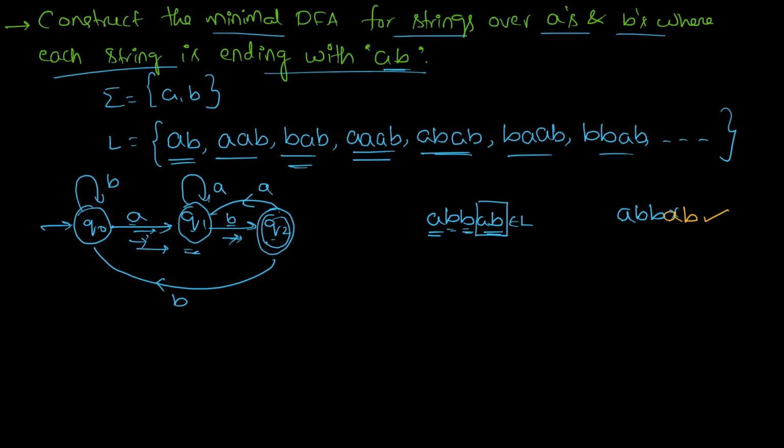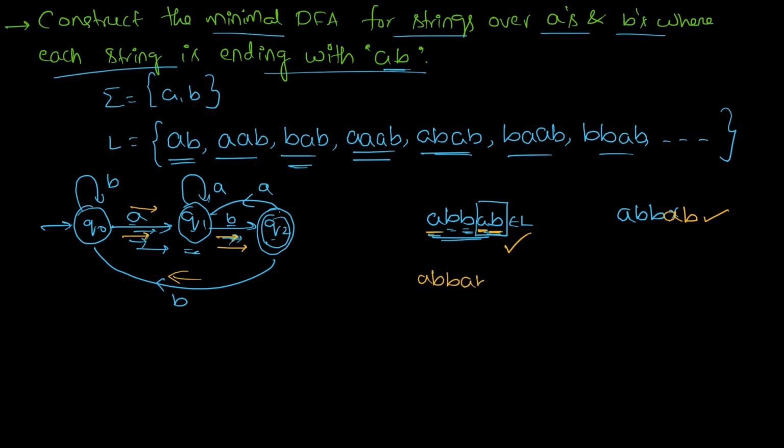So if we parse this again, we can see on seeing A from Q0 we move to Q1, on seeing B from Q1 we move to Q2, and on seeing B from Q2 we move to Q0, and when we see an A from Q0 we go to Q1, and when we see a B from Q1 we go to Q2 and accept this string.